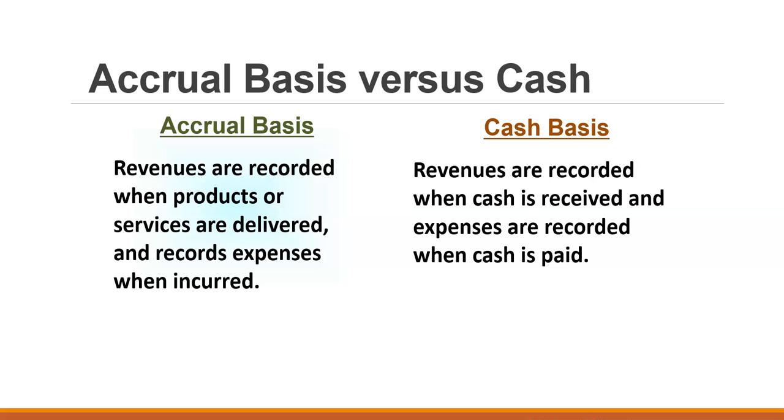We use accrual basis accounting in this class because accrual basis accounting is legally required by U.S. GAAP. So any company that has to follow U.S. GAAP regulations has to follow accrual basis accounting. Small businesses or individually owned businesses that don't have to conform to GAAP rules for regulatory and financial statement purposes can use cash basis accounting.